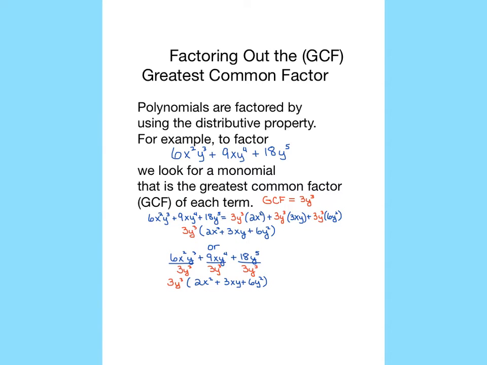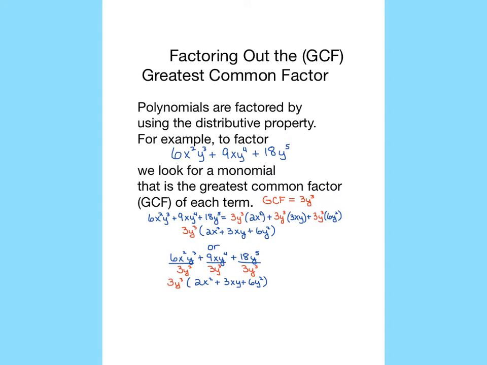Now, in this particular problem, we're looking for the greatest common factor between first the number part, the 6, the 9, and the 18. So we can clearly see that it's going to be 3. Then we're going to look to see what letters or variables they have in common. Notice the first one, the 6, has an x and a y.